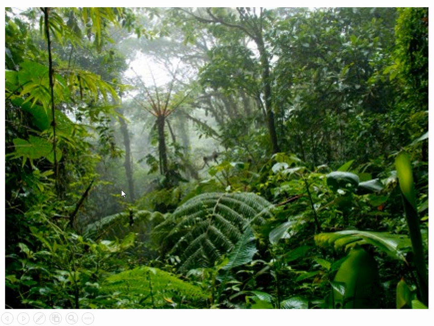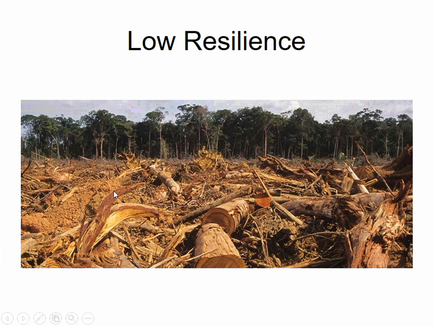Nevertheless, if there is catastrophic change, if humans come along and clear-cut a vast region of tropical rainforest, it has a hard time bouncing back from that disturbance. The reason is that tropical rainforest soils do not have a lot of nutrients. Most of those nutrients are locked up in the biomass of the plants.